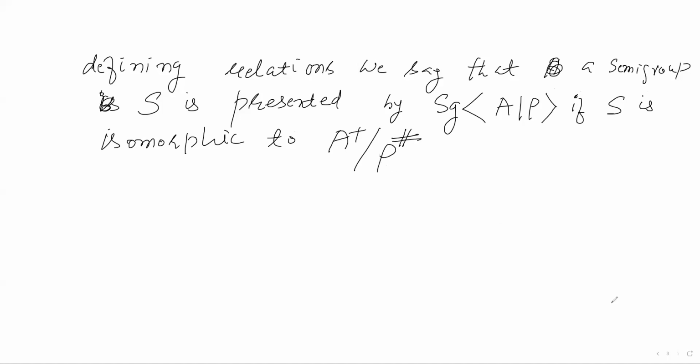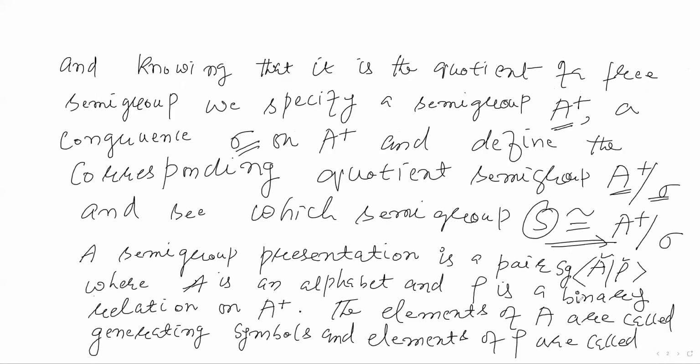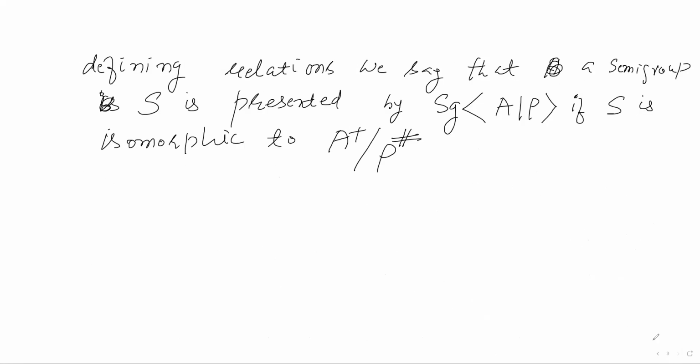Okay, so this is what I said. We start with A and a binary relation rho on A plus, and we say that this presentation defines the semigroup S, or presents the semigroup S, if S is isomorphic to A plus over rho sharp.